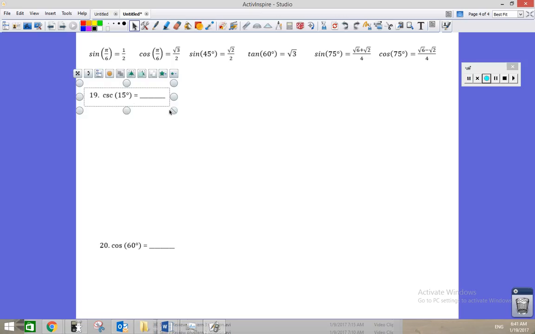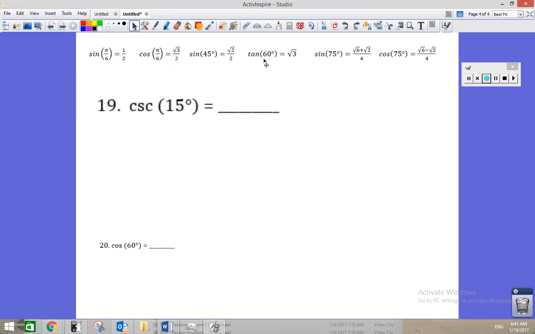For the cosecant of 15 degrees, I don't have any secants or cosecants here. So let's use the reciprocal relationship: cosecant and sine are reciprocals. So the cosecant of 15 degrees is the same as 1 divided by the sine of 15. I don't have the sine of 15, but I do have the cosine of 75.